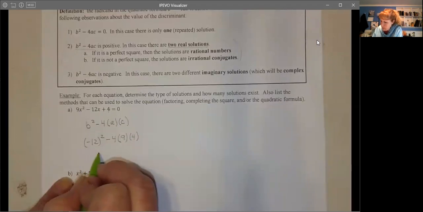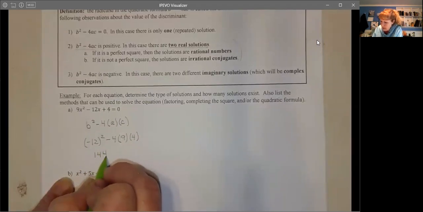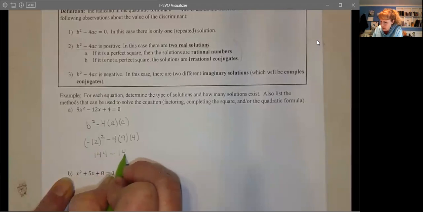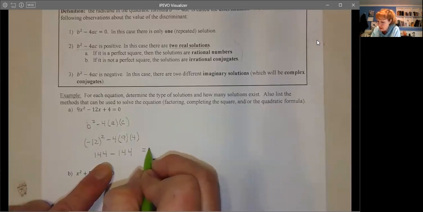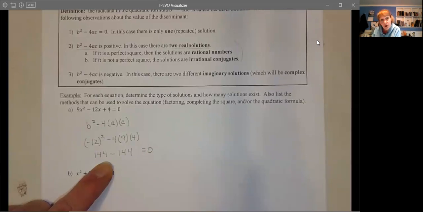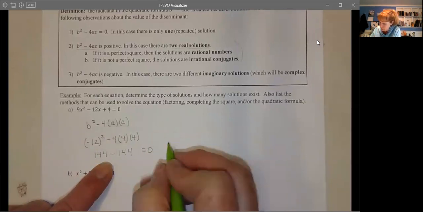So we end up with 144 minus 144. 4 times 9 is 36, times 4 is 144. So what happens then is our discriminant is 0. So we do know we're only going to have one solution.